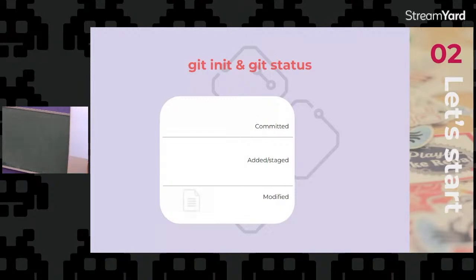Okay. So now let's say that I add a file called a.txt, and then I will add it to the staged area. So I will use git add, but I can do git add a.txt or git add with a dot, and it will add the whole folder, recursively if there are more folders too.